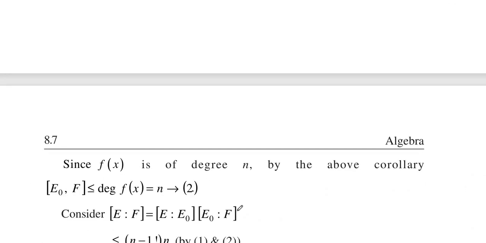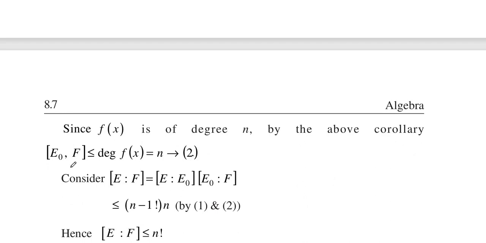So since f(x) is of degree n, by the above corollary, the degree of E naught over F is less than or equal to the degree of f(x), which is n.